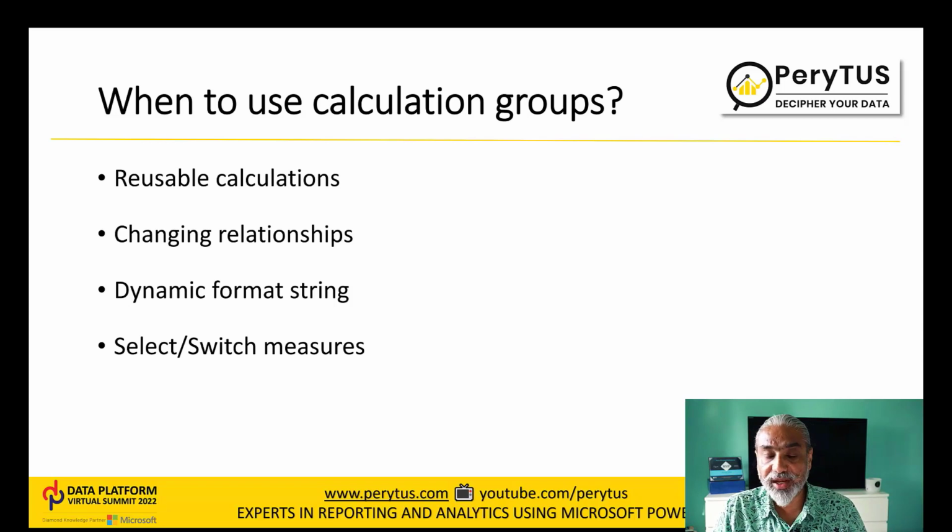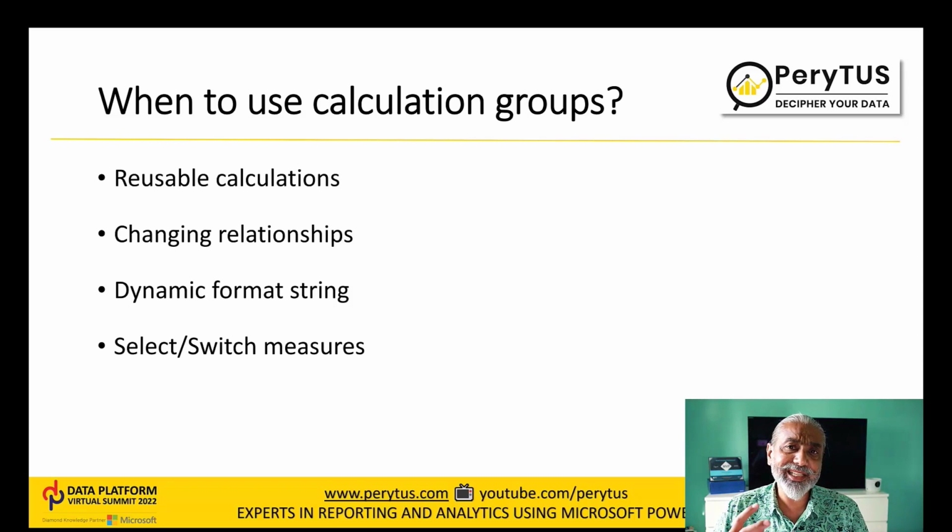Right now, if you do it in Power BI with DAX, you will convert your measure into a string to concatenate with the currency symbol. But with a calculation group, you can define your own format string and have your own logic, whatever way you want. It makes it very powerful. So this could be one of the reasons why you want to look into calculation groups.